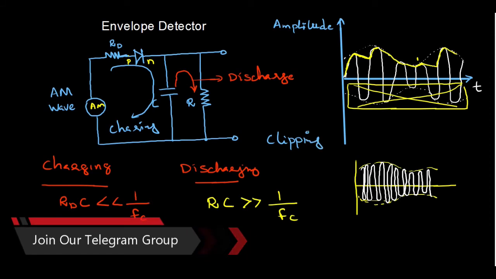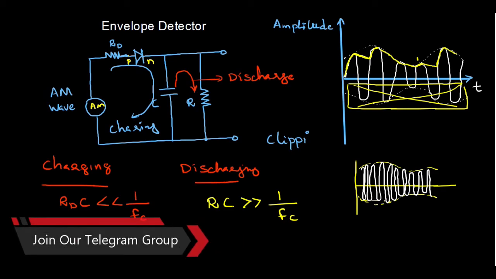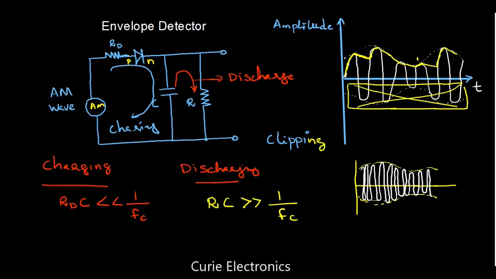So you can't keep a large value of RC. There is also a compromise. Simply you can't select any large value. So that depends on clipping. Okay. Now the selection of this RC also depends on the maximum signal frequency, that is, the maximum message signal frequency.